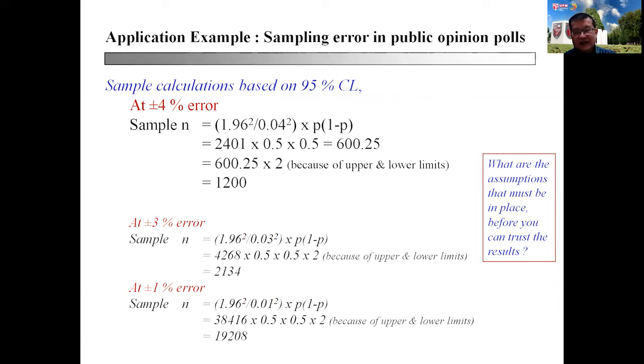So it is the onus of the surveyor himself or herself to ensure that you are selecting an unbiased sample. This is something that we really need to take care in executing when conducting public opinion polls. Otherwise, we could be believing and subscribing to the erroneous outcome of public opinion polls.